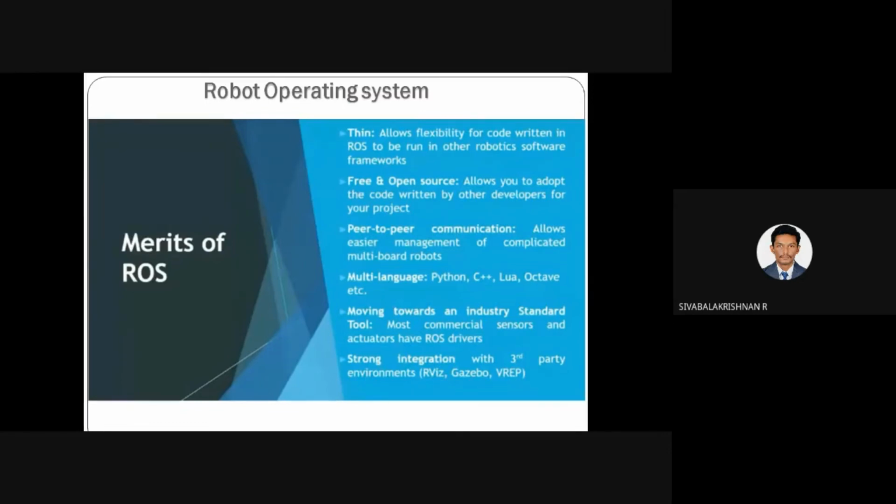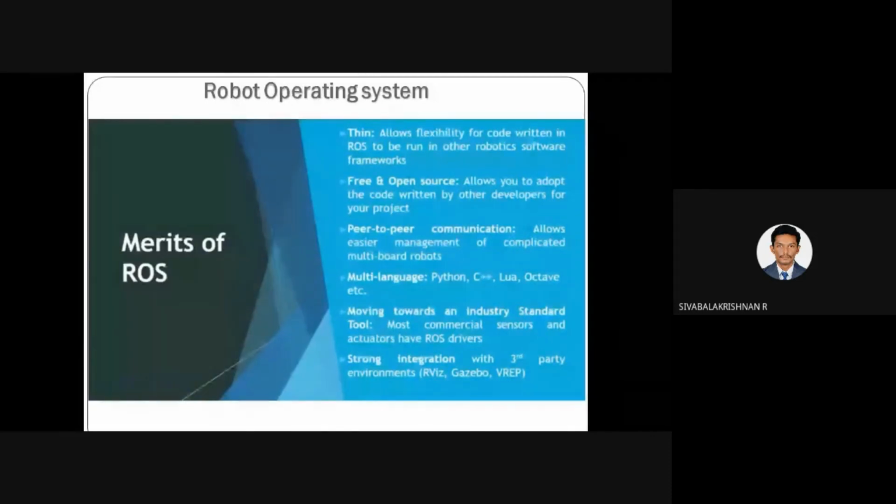And strong integration with the third-party environment. If you want to model a robot, whether a mobile robot or an industrial robot, or you have already purchased one and that model is already deployed in a certain third-party environment, those environments are Orbis, Gazebo, and VREP.